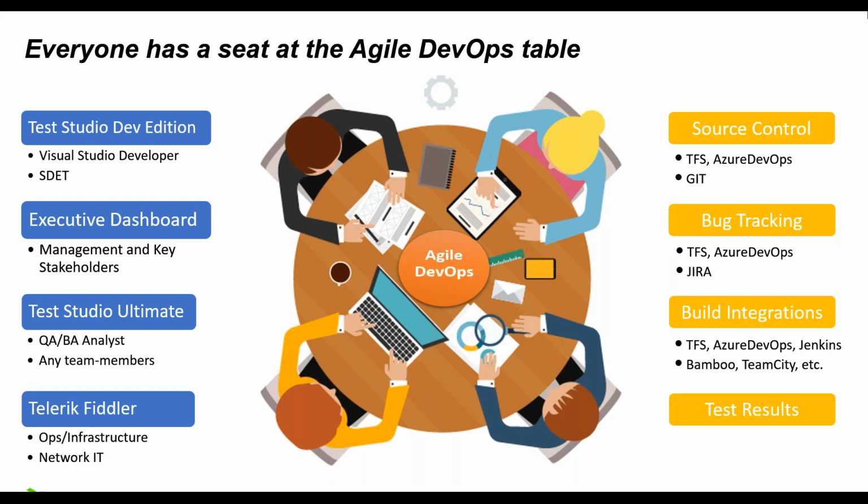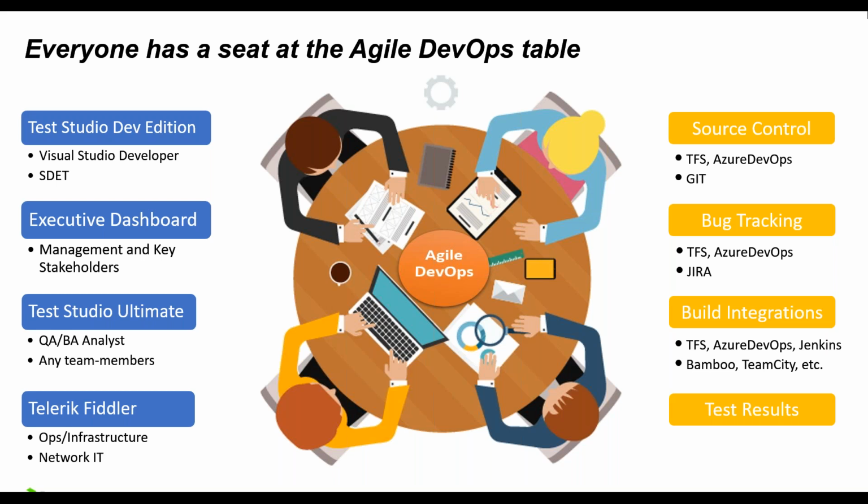And last but not least, Test Studio is built on top of Fiddler. Sorry for the ones of you who are familiar with Fiddler, which is also a Telerik product. It lives under the hood. Fiddler Core lives under the hood of Test Studio and helps a bunch with regards to doing load testing, for example.